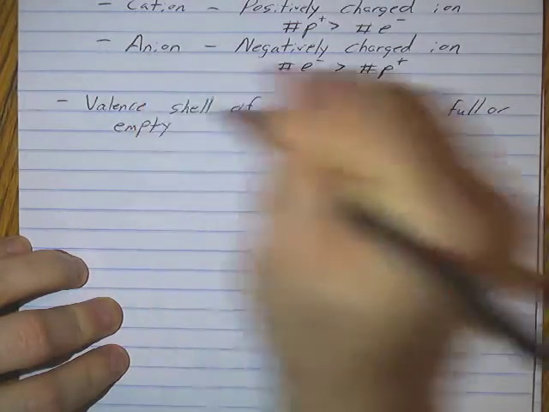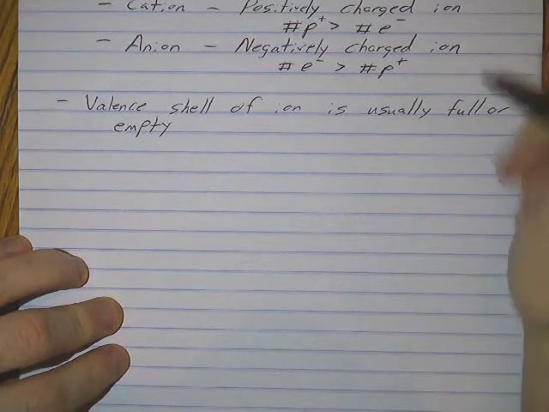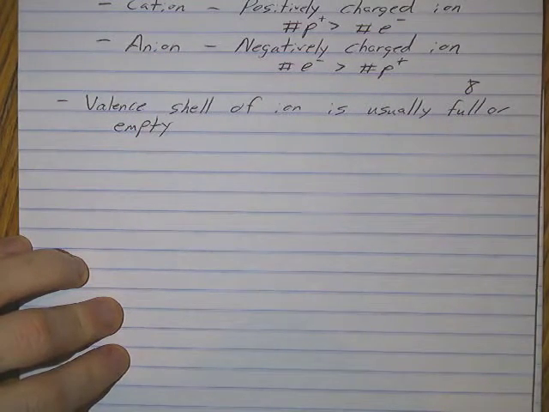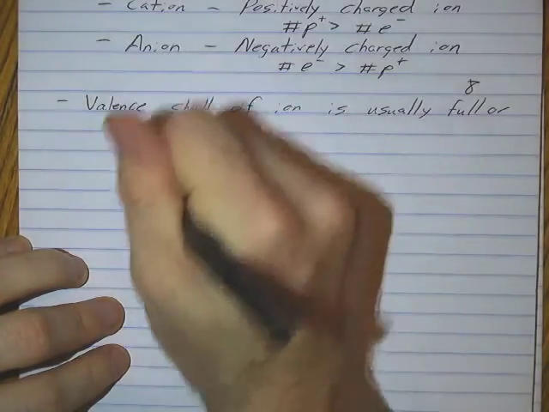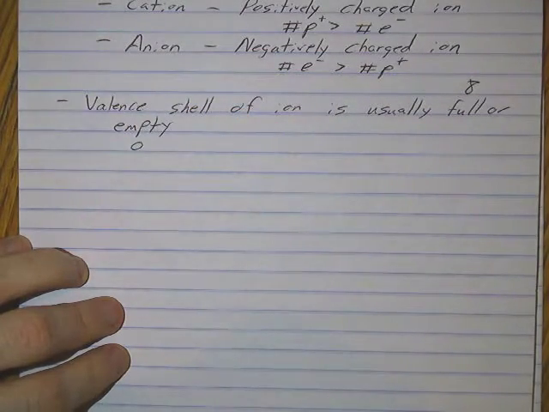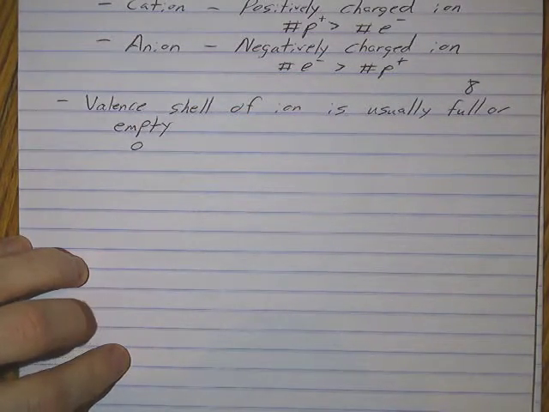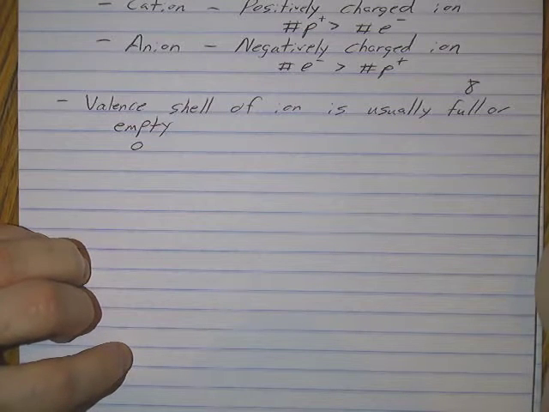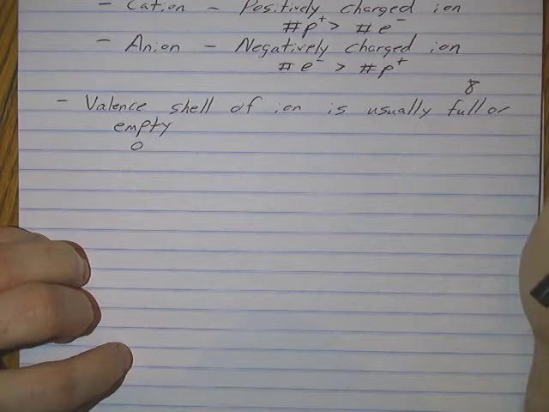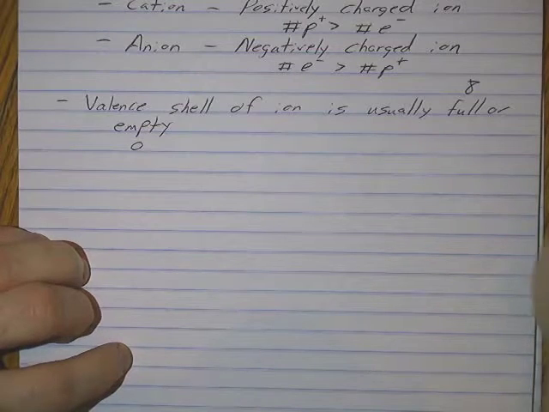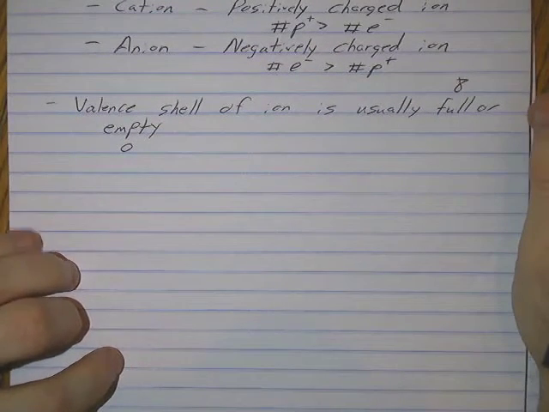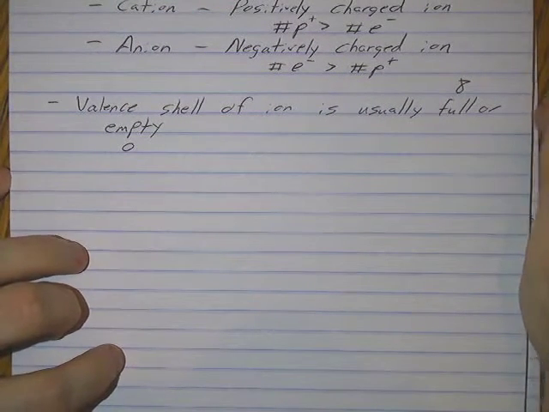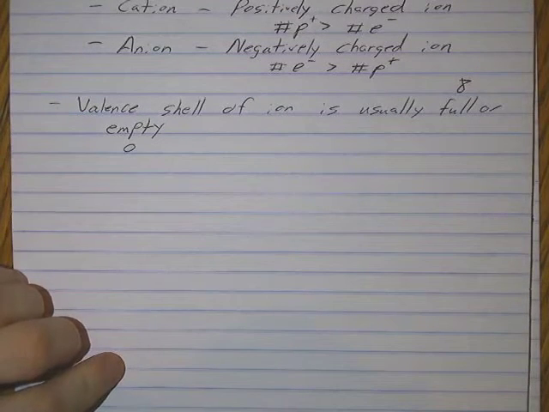So we're usually talking about either having 8 electrons or 0. Okay. It's a little bit more complicated than that, but I think just to keep things simple, this is as simple of an explanation as I could come up with. So we're just going to stick with it.